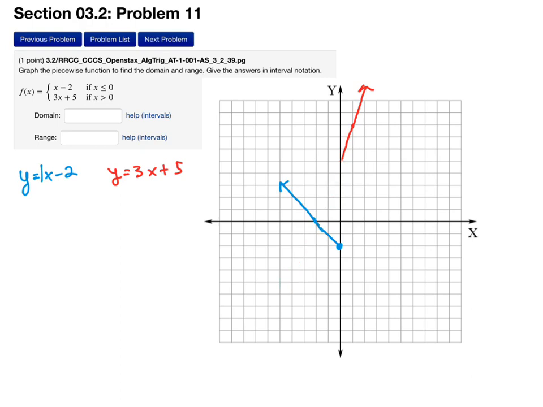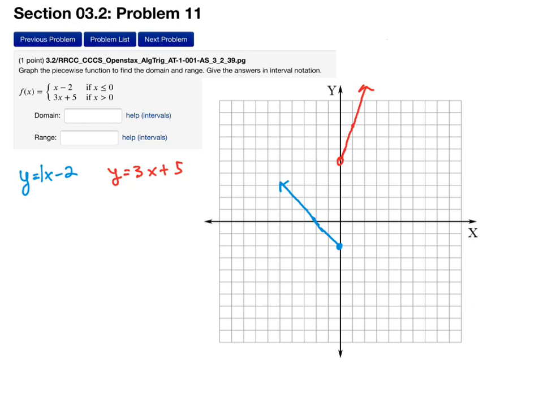Because it says x is greater than 0, we're going to have an open circle at that point right there. And this makes sense, that we have one line with an open circle and one with a closed circle, because if they were both closed circles, this would not pass the vertical line test, since there would be two y values when x is equal to 0.